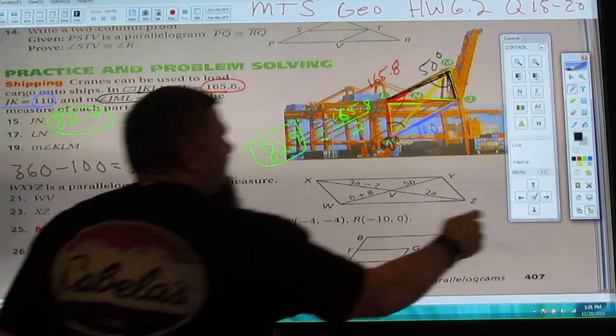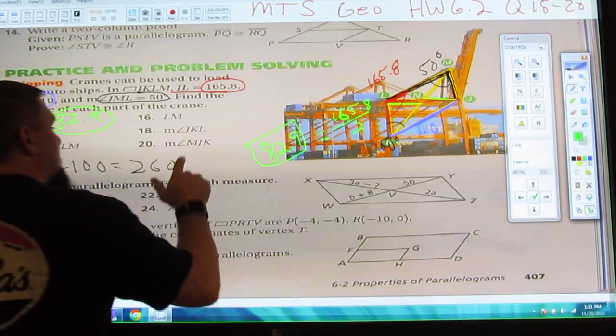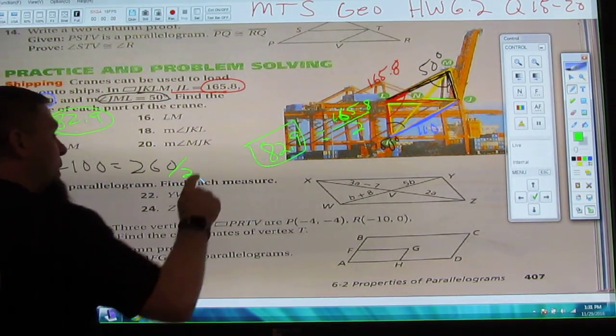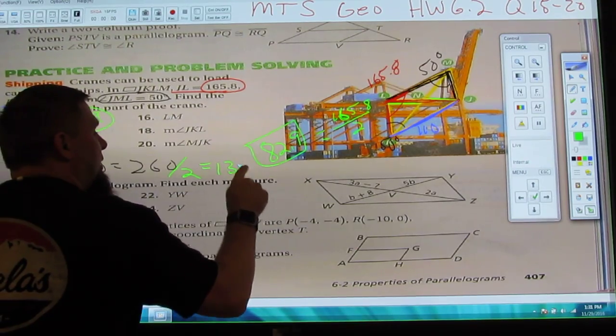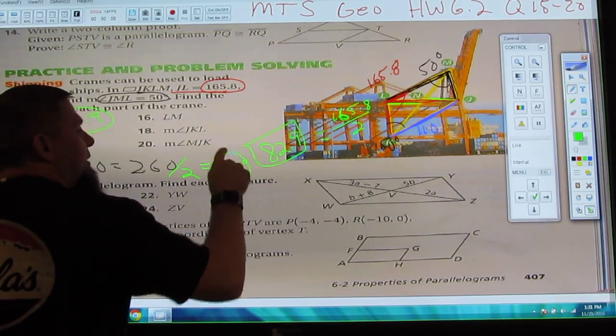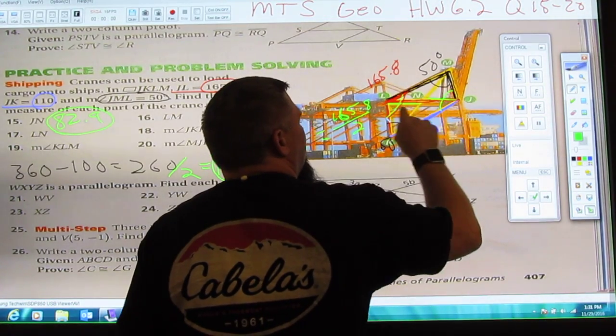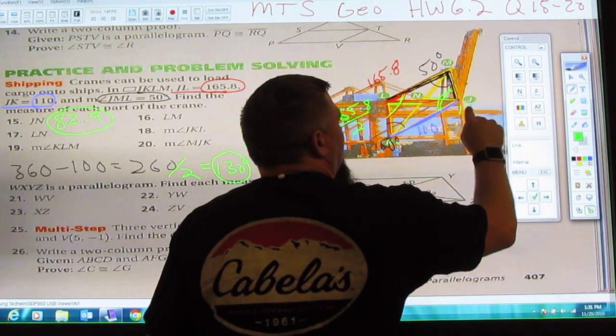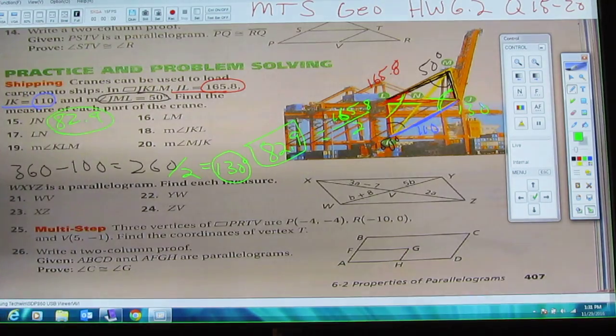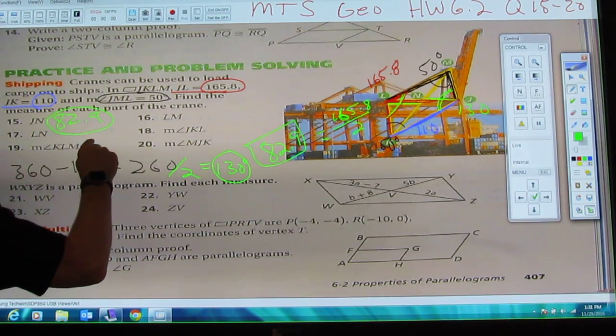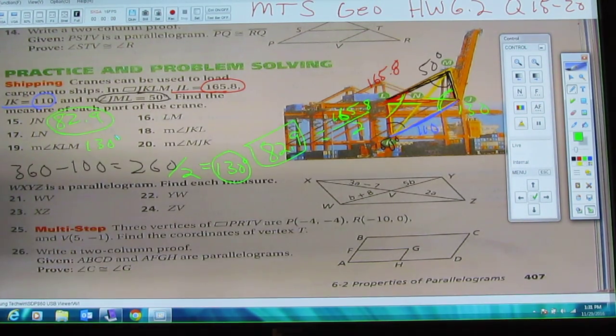So we're going to divide that by 2, and we get 130 degrees for these angles. So these angles right here are 130 degrees. So that just means that this is 130 degrees.